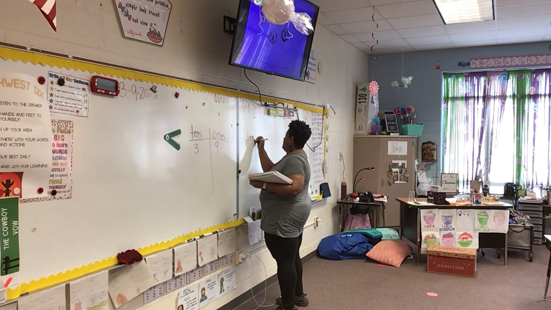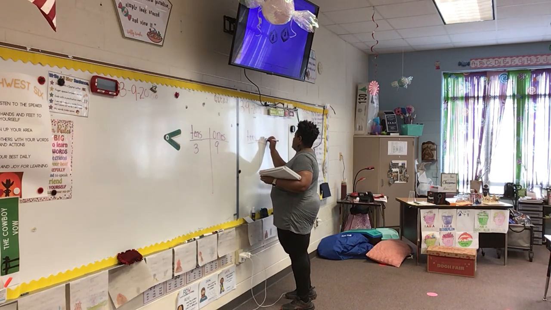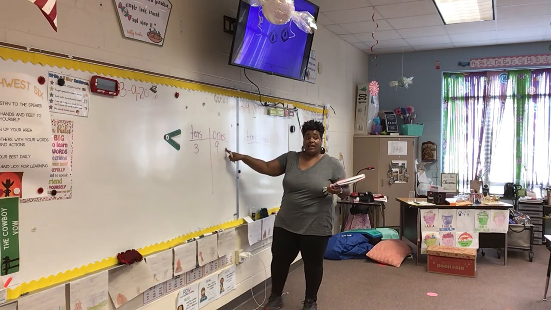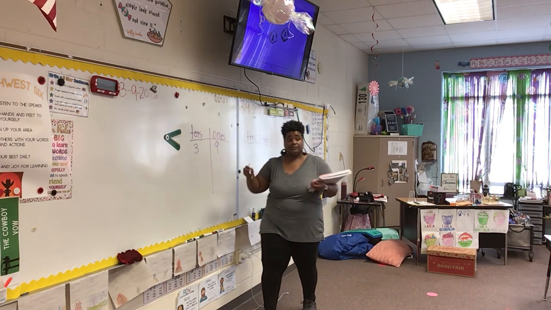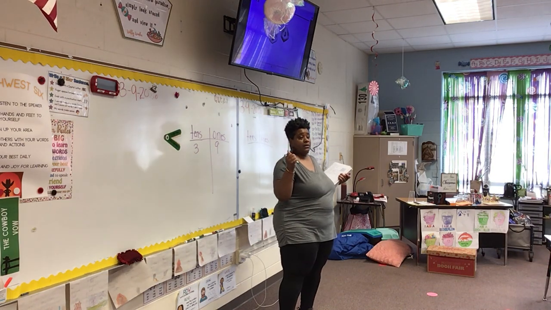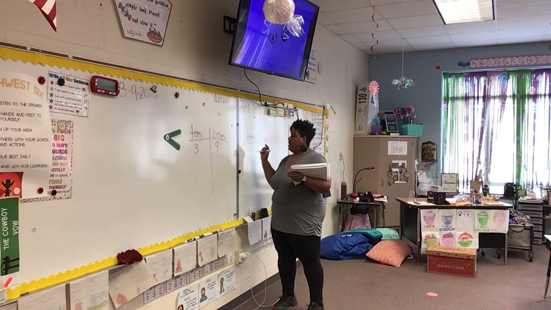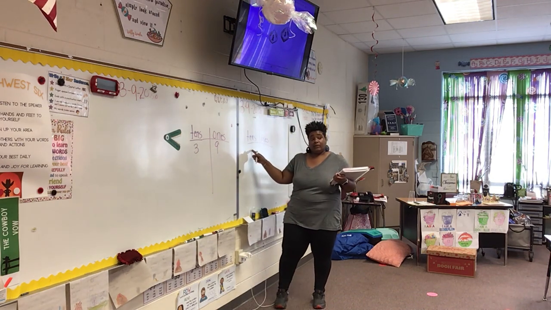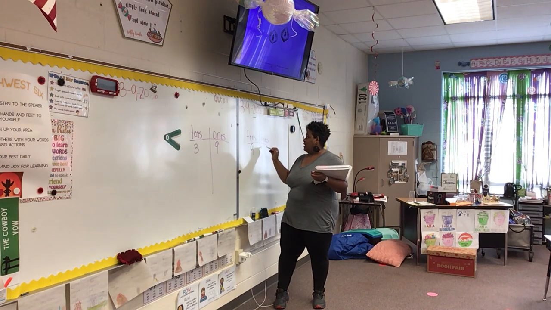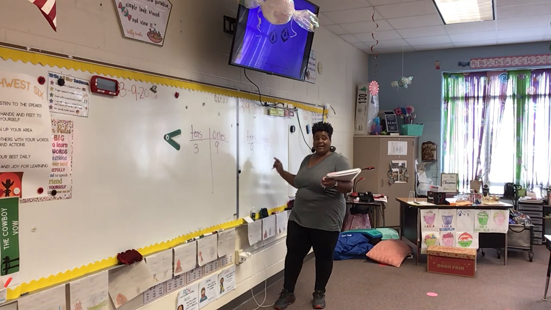I got my 10s, and I got my 1s, and you have to think about the other way. Okay, what is the other way that we write the number? Okay, we got 9 and we got 3, and I need a drawing to represent that as well.